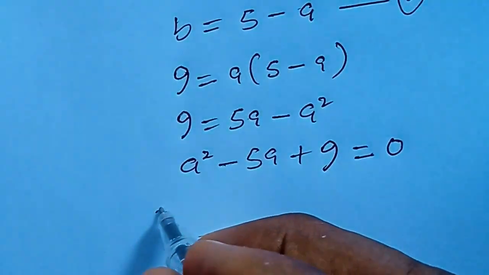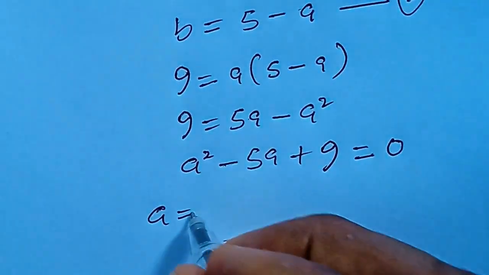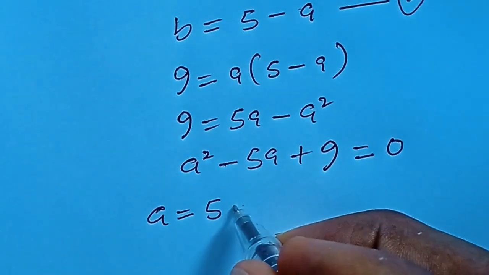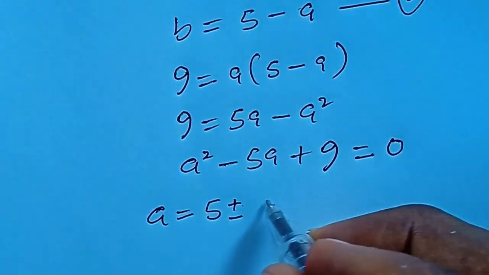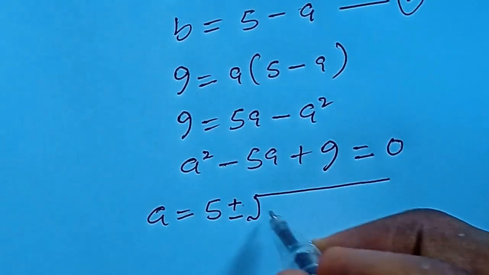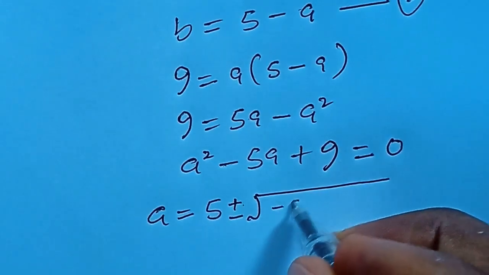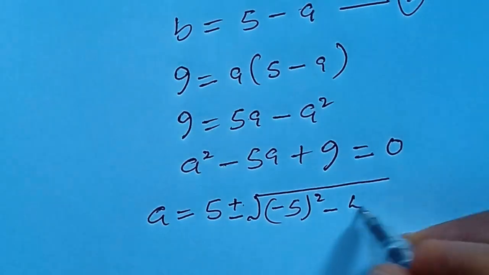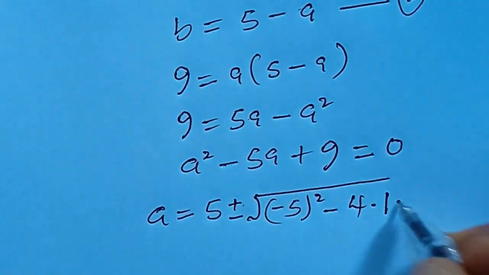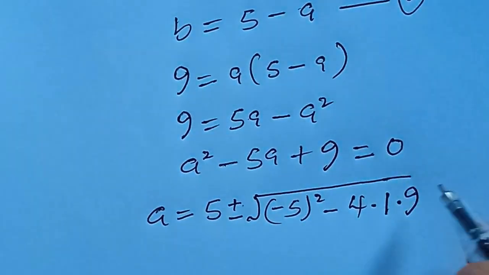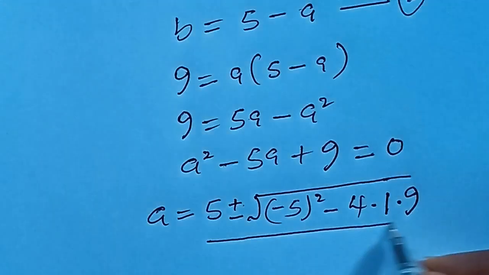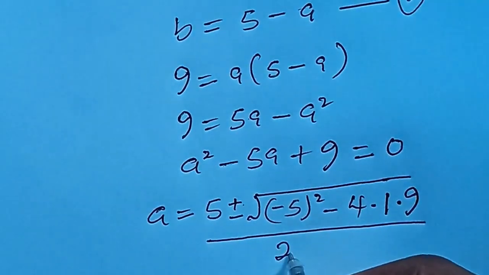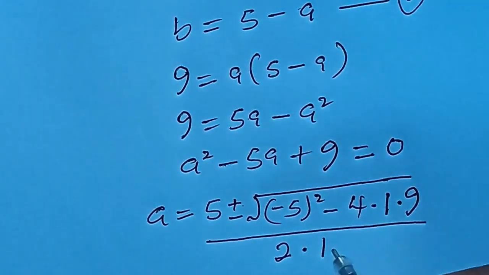So to do that, we have a equal to 5 plus or minus the square root of (minus 5) squared minus 4 multiplied by 1, then multiplied by 9, over 2 multiplied by 1.